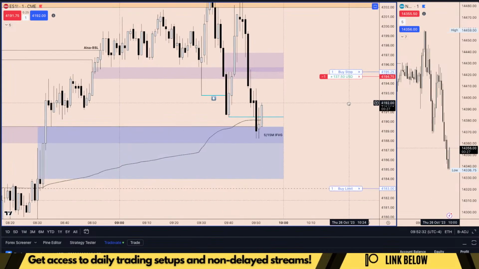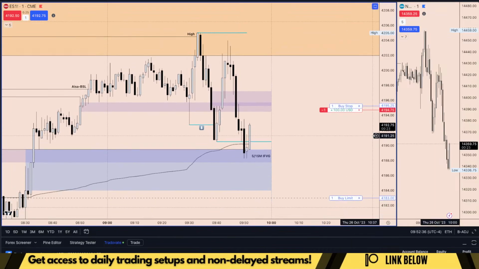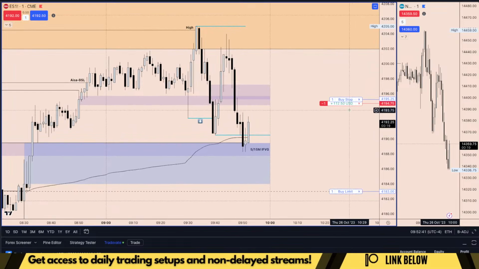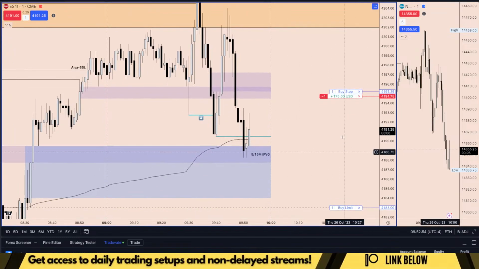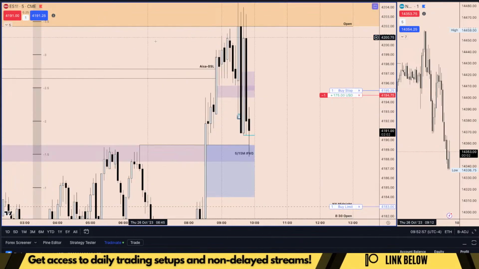NQ is pushing back up. $10 on this 1 minute candle here. Check out the 5 quickly.